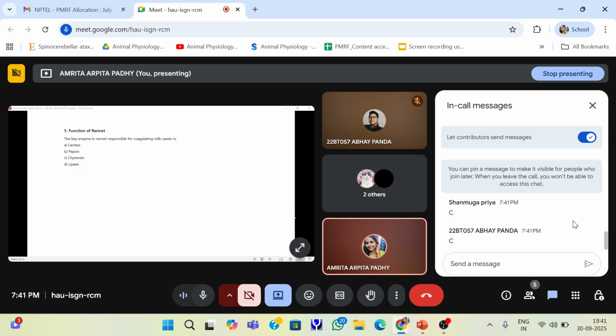But the NPTEL team responded that the exam pattern will be given a few days before the exam. They did not say whether it will be MCQs or subjective. So we have to wait. You will be getting the mail with the exam pattern details.